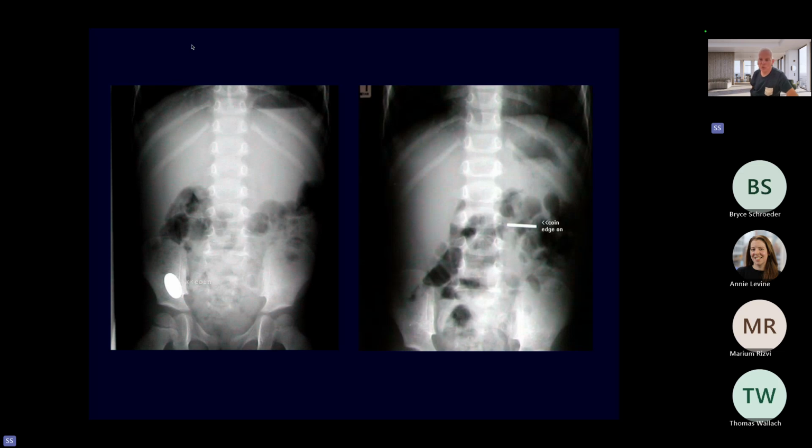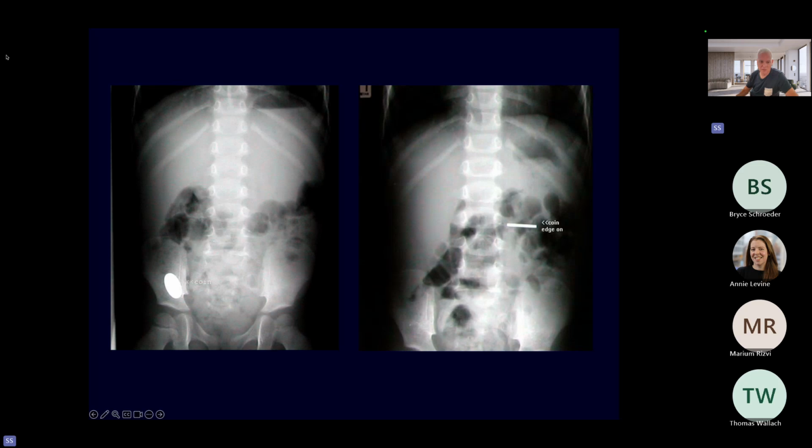Well, if you're going to endoscopically look at these films, are either of them endoscopically retrievable? Well, the fact is probably not.